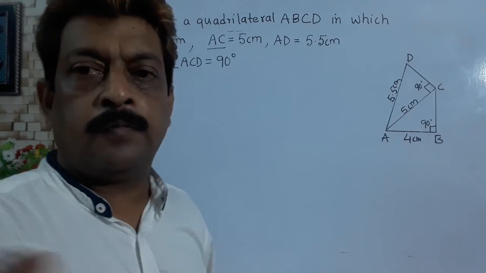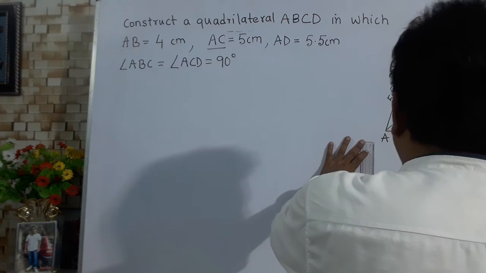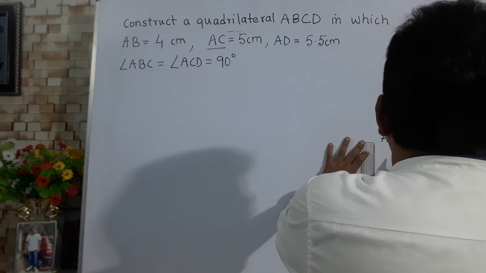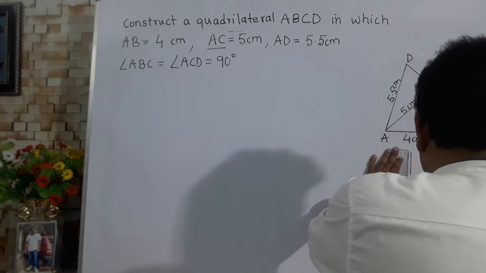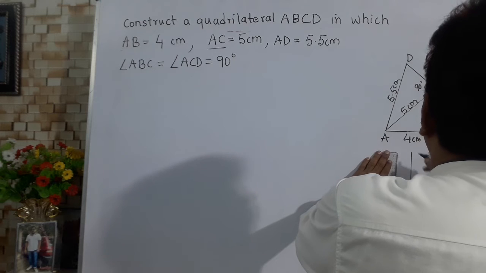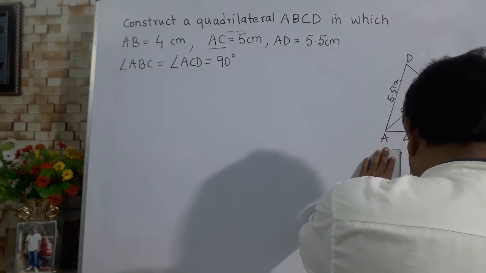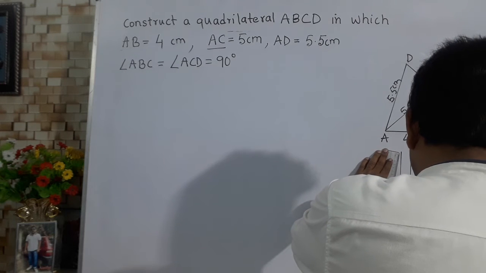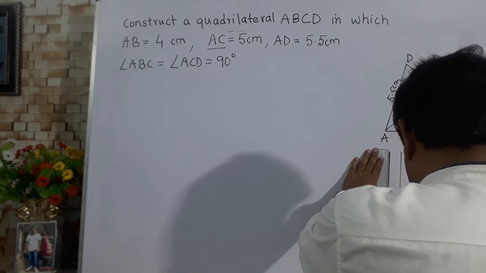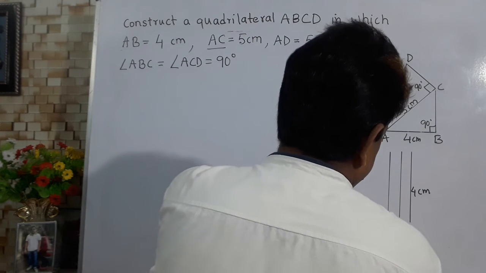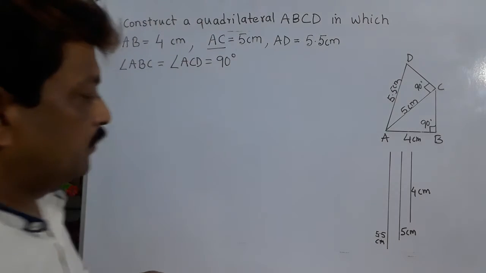Okay, now let me draw the measurements according to the given information. AB is 4 centimeter. This is 4 centimeter. AC is 5 centimeter. This is AC, 5 centimeter, and AD is 5.5 centimeter. Okay.